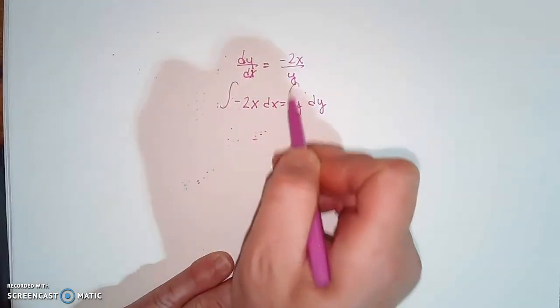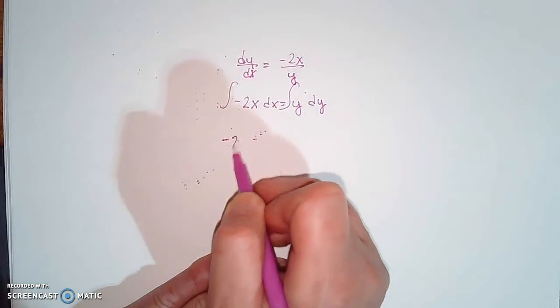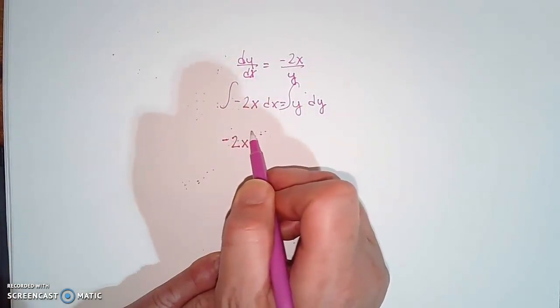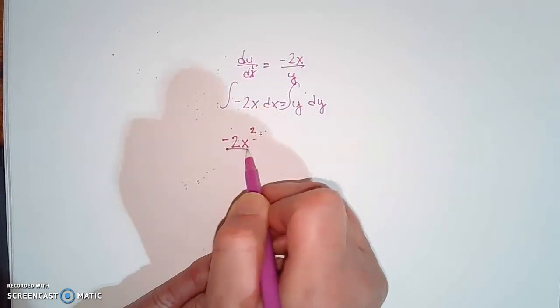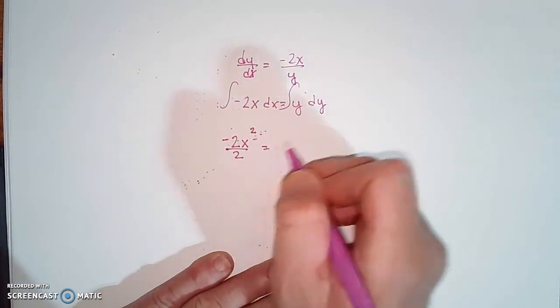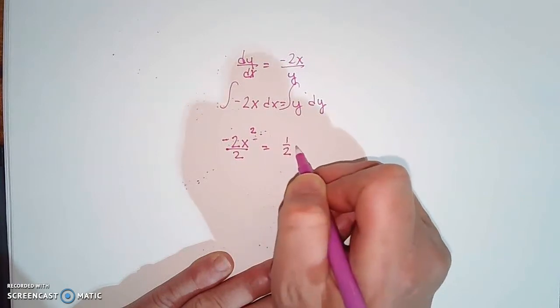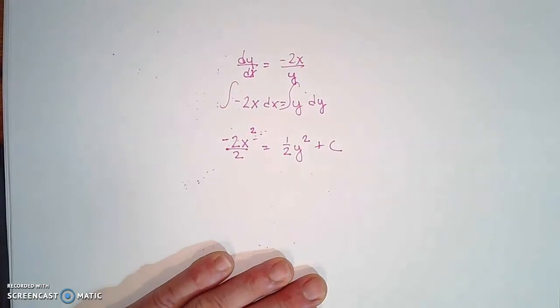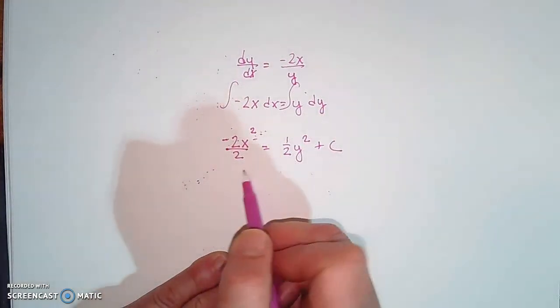Now I'm going to integrate. Negative 2x to the second over 2 equals 1/2 y squared plus c. And then I would have to solve for either x or y. Most likely I'm going to solve for y to get y by itself. So I'm going to subtract the c.